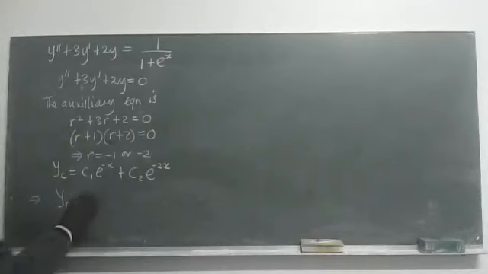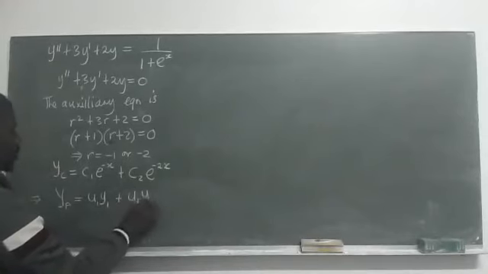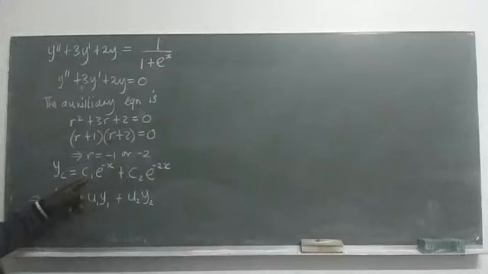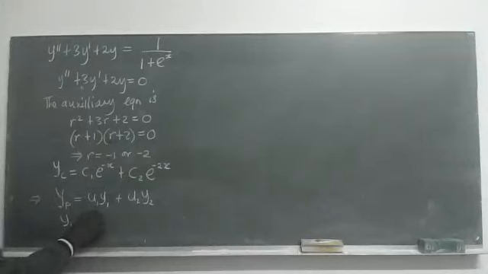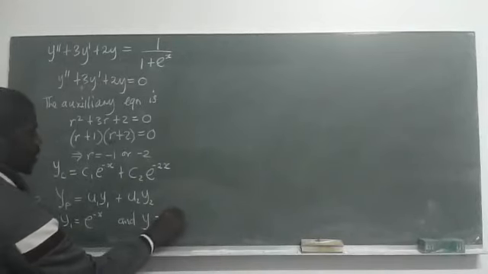So the particular solution will take this form: u1 y1 + u2 y2. Basically what you're doing here is just matching. Where there's a C1 you replace with u1, where there's a C2 you replace with u2. So from here you identify that your y1 is none other than e^(-x), and your y2 is none other than e^(-2x). Alright?